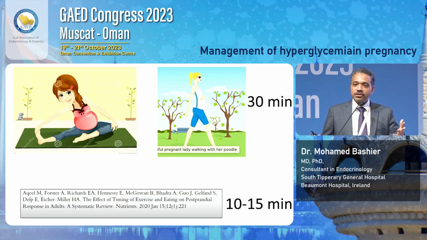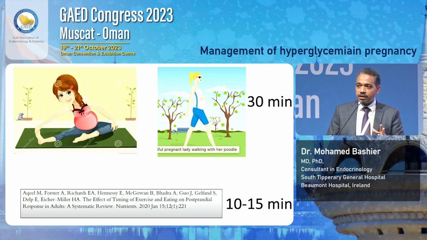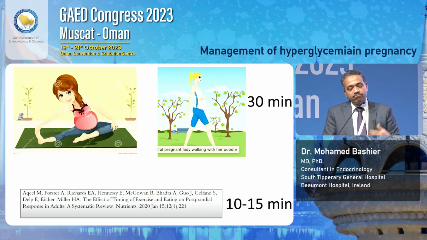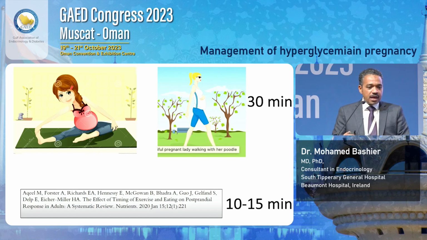We're asking for simple exercise of walking for 30 minutes. There is good evidence, not in pregnancy though, but outside pregnancy, that walking for 10 to 15 minutes after each meal reduces the postprandial glucose excursion. That seems to work better with our women, and they seem to be more compliant with doing that, and we have better results with the postprandial excursion as long as they're compliant with it.